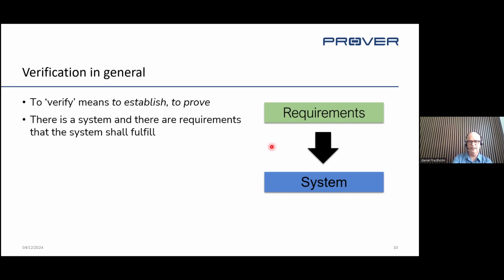And it is concrete, both the system, the signaling system in this case, is not an abstract thing. It's a concrete machine of some sort that does something. And those requirements should be stated in such a way that you can actually verify that the signaling system fulfills them.